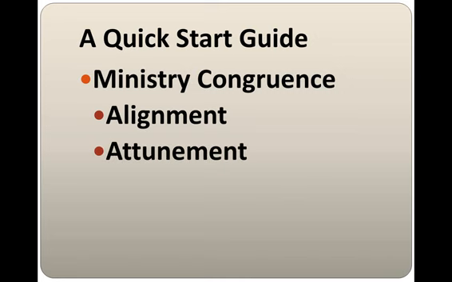Secondly, your ministries not only need to be in alignment, but in attunement. And attunement deals with their heart and passion, that everybody has a heart for it. The reason why I say these things is that churches end up with their ministries being individual silos.